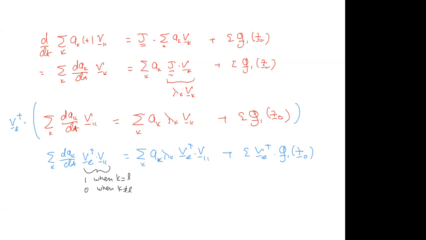That's true of both of these, so in this whole sum on k, only when k equals l does anything survive. So dal/dt is equal to lambda l al plus epsilon vl dagger dot G1 of z0.